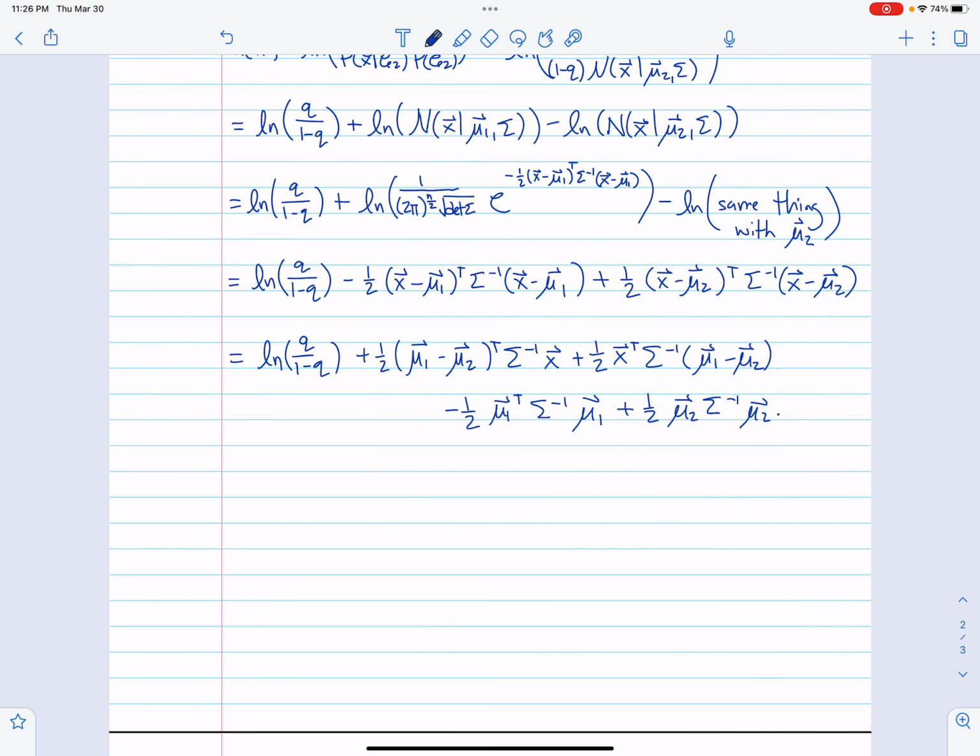But notice, because sigma is a covariance matrix, sigma is symmetric, so sigma inverse is also going to be symmetric. And so I can actually just take the transpose of this whole thing. Since this whole thing is just a real number, I can take the transpose, and everything switches order. And it turns out that this thing here is exactly the same as this thing here, because you can take the transpose of it and nothing changes, since it's just a real number.